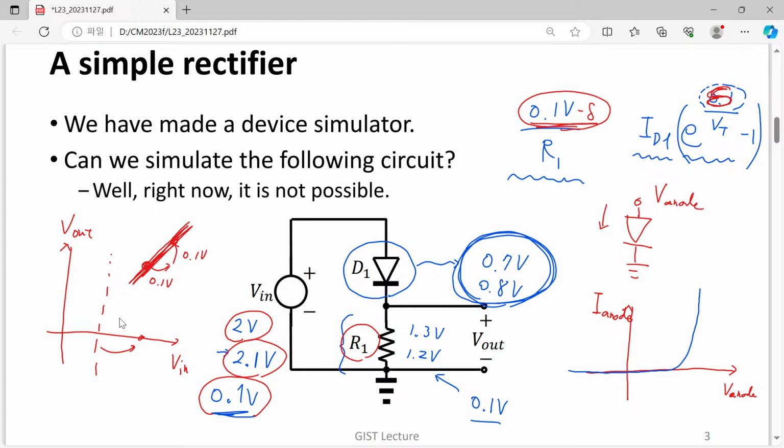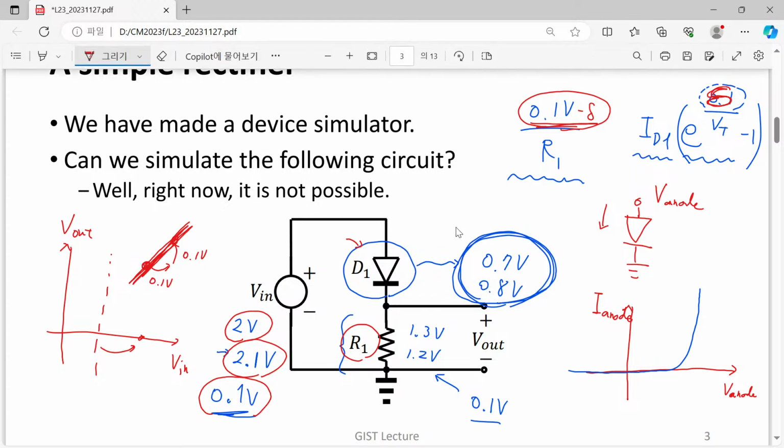Of course, this is made on the assumption that your D1 is highly conductive. To get such a condition, you must spend at least 0.7 or 0.8 volt on your diode.